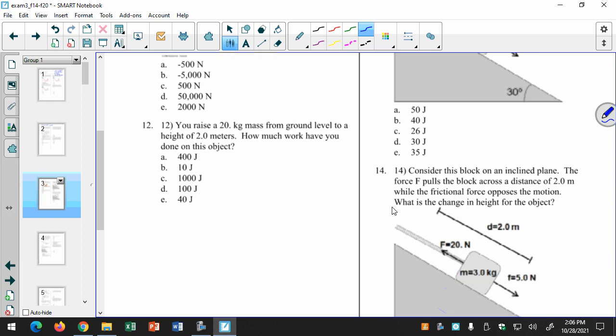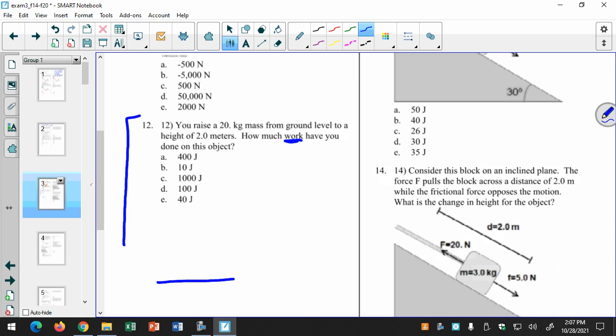Okay, so for example, here's number 12. This is a problem where you have to determine the amount of work that's being done by a force. This is how we determine the amount of potential energy an object has.